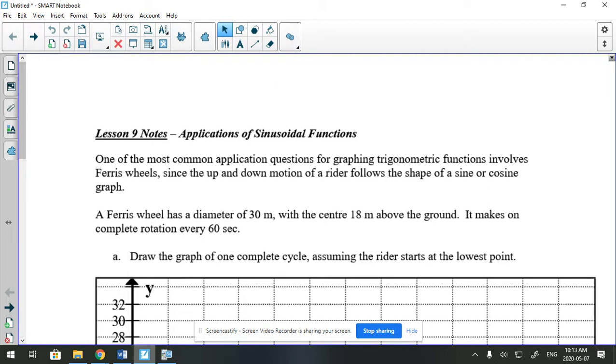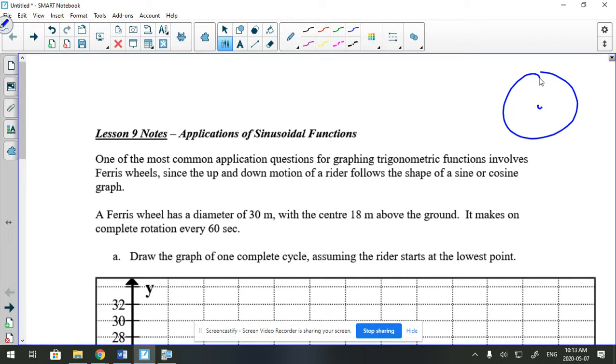So looking at that, there's a lot of stuff going on. What I always like to do is draw a diagram first. So here's my Ferris wheel, and it tells me that it has a diameter of 30 meters. So remember, diameter is all the way across. Here's your center. So I know the diameter from here to here is 30 meters.